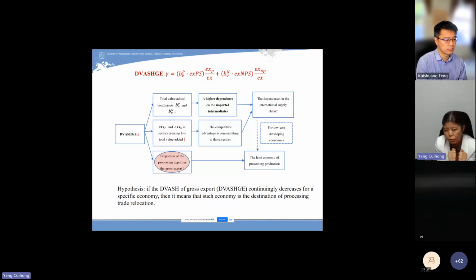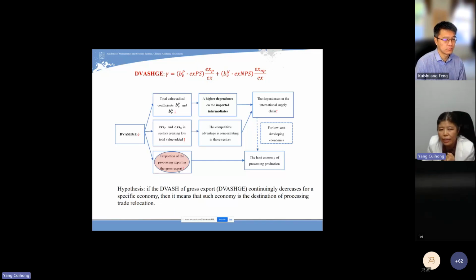If the proportion of processing export in gross exports increases, it may cause the domestic value added share to decrease, and we may say that it may be the destination of industrial relocation in terms of processing export.